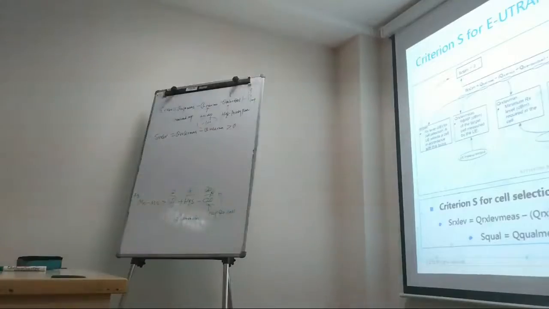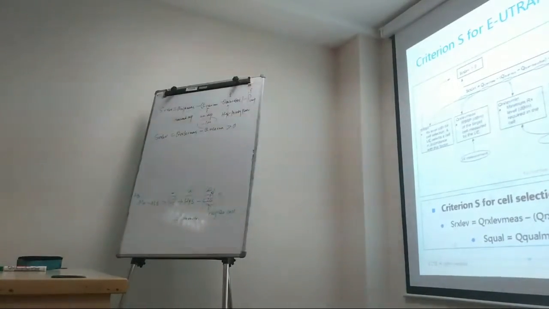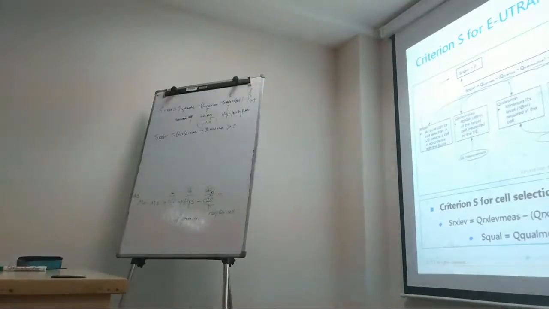So for this example, we think it is for RSRP. Our network we deployed is based on R8 and R9. If we use R8, we only consider the RSRP. If our network is R9, we also need to consider the RSRQ. So whether to perform RSRP or RSRQ is based on the UE capability.